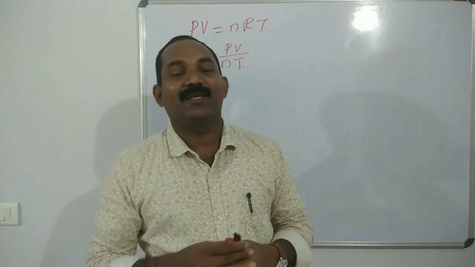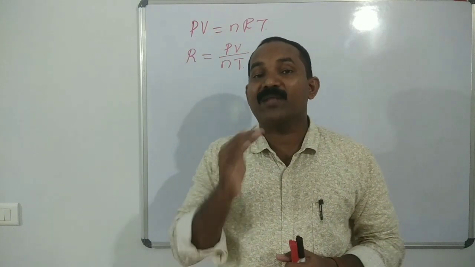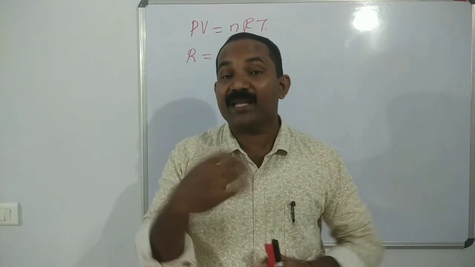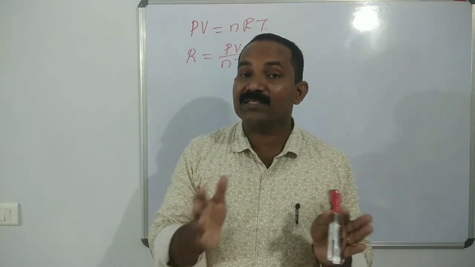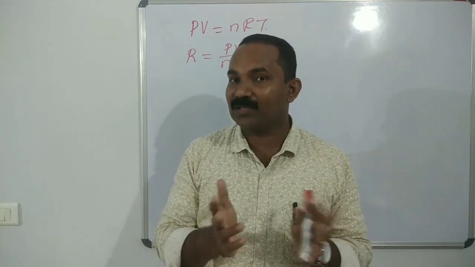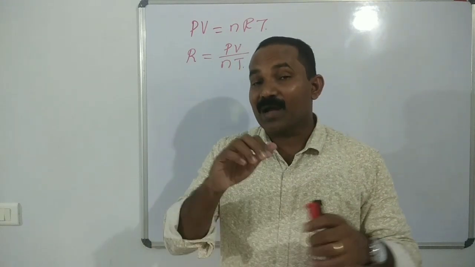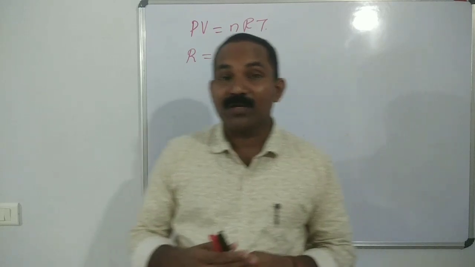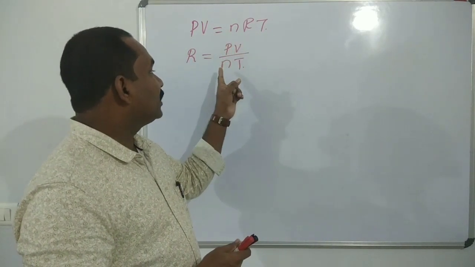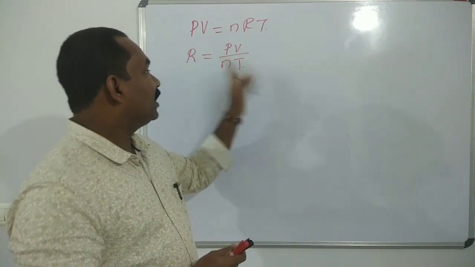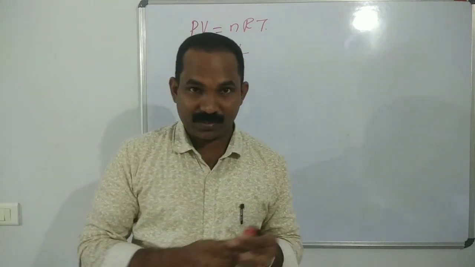So the dimension of R is energy per Kelvin per mole, since work done is expressed in energy. The R value depends upon the values of pressure, volume, number of moles and temperature.